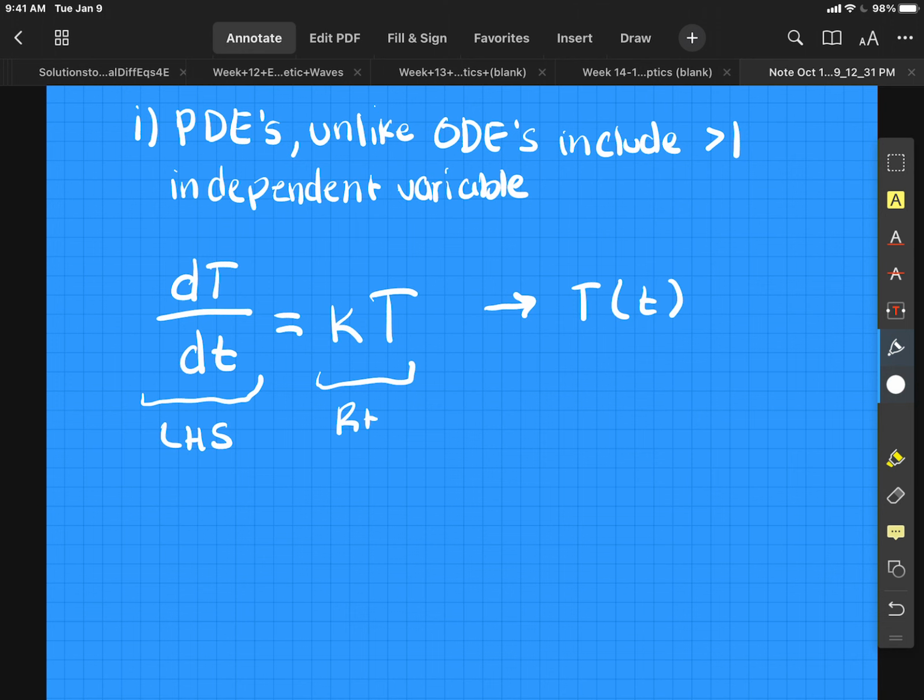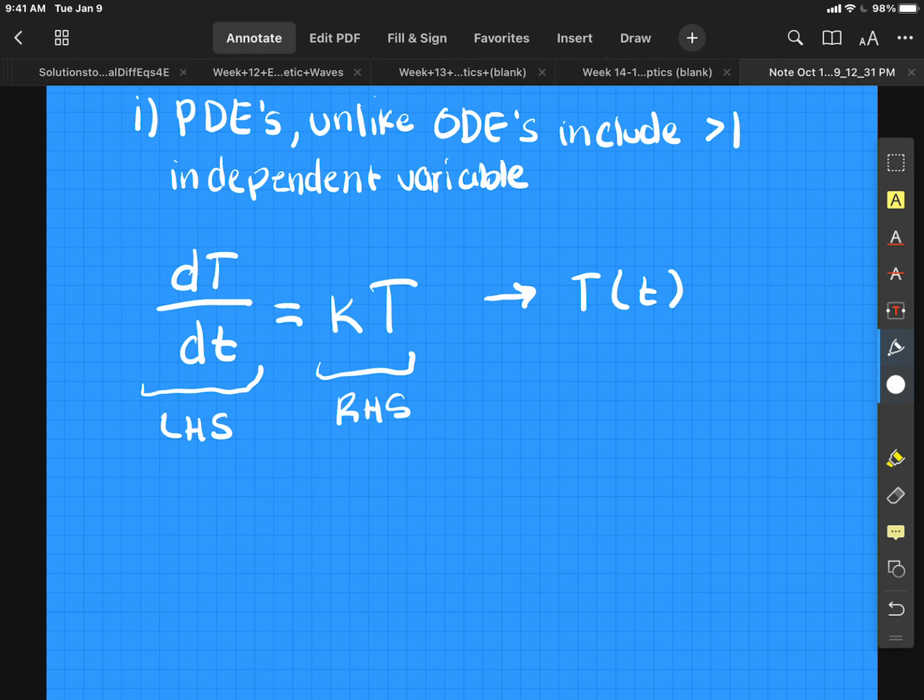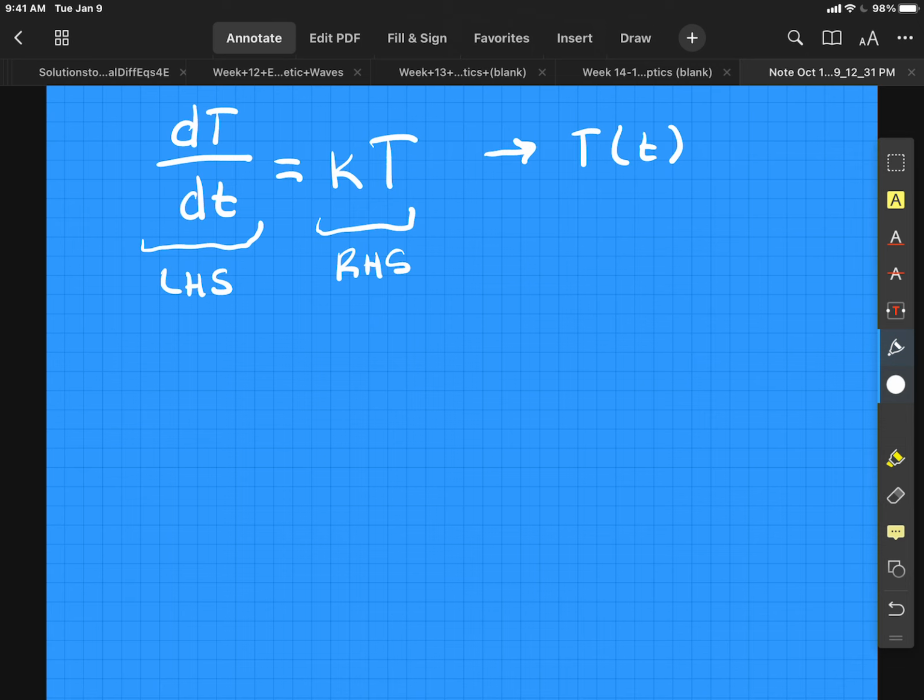Again, this is the right-hand side. So, as opposed to something like this, a partial differential equation typically includes more than one variable. And the way we often annotate, or denote, a partial derivative is with a curly d. So in this case, we're saying a function u, its derivative with respect to the x variable.